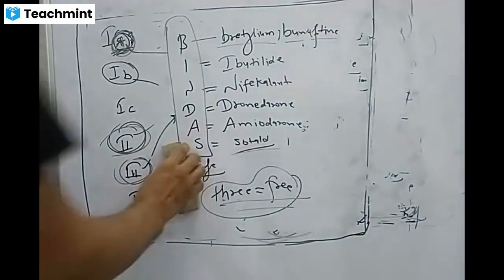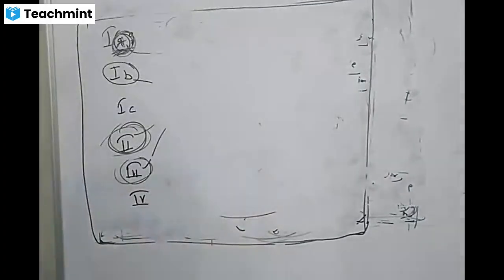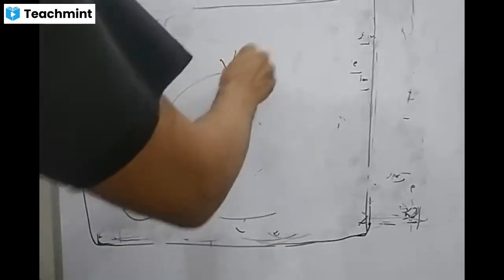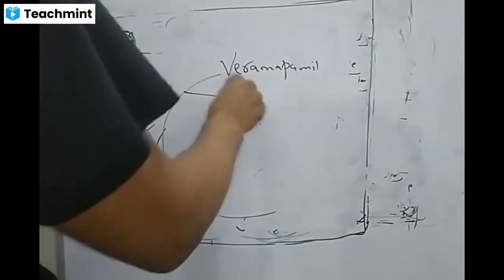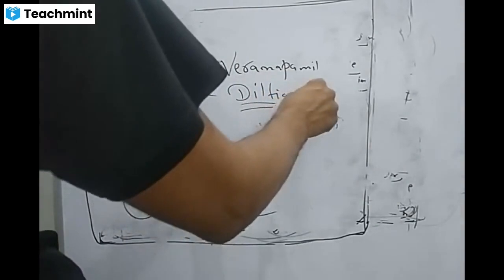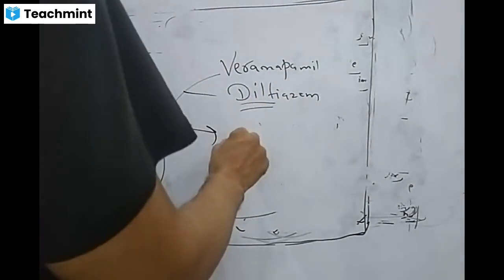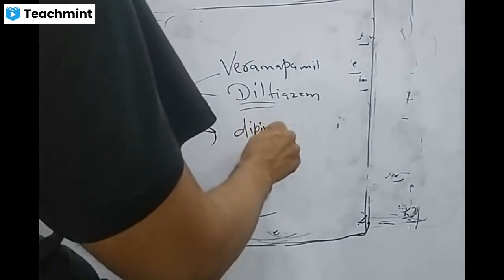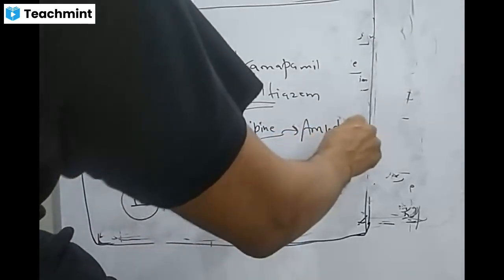Then class 4 are your calcium channel blockers. Only verapamil, and they act on the heart, that is diltiazem, because calcium present in the heart makes the heart contract, and the dipines, that is amlodipine.